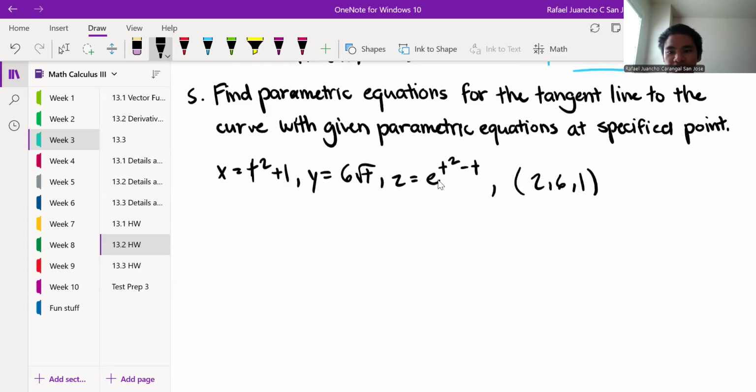Well, for one, this is already a position vector, right? Okay, maybe I need to point it out for myself. But this is already a position vector with these components.